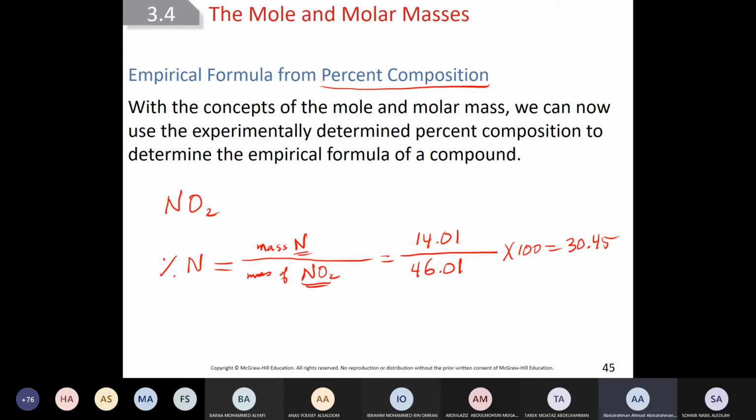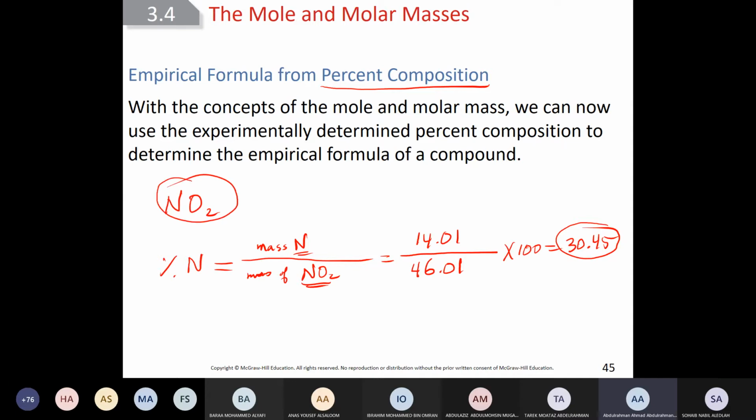Is this clear? Now, I'm going to reverse this process. In the next question, I will give you the percent composition, and I want you to find the empirical formula.